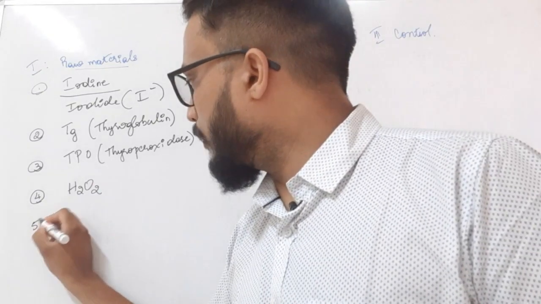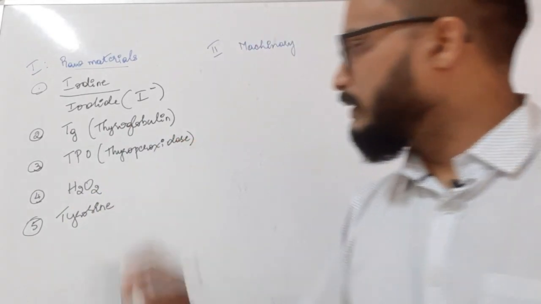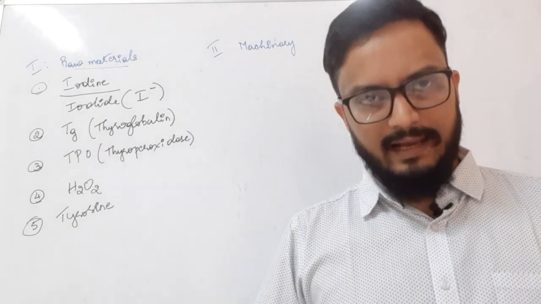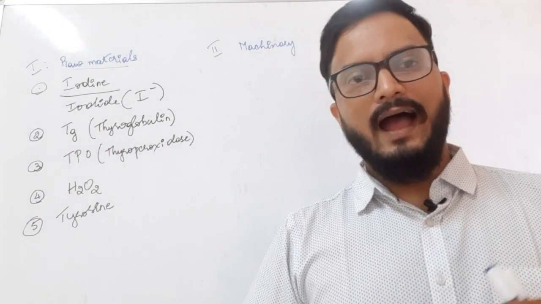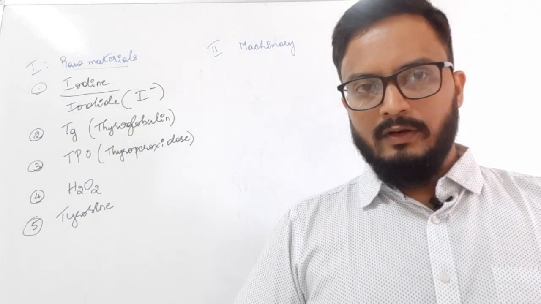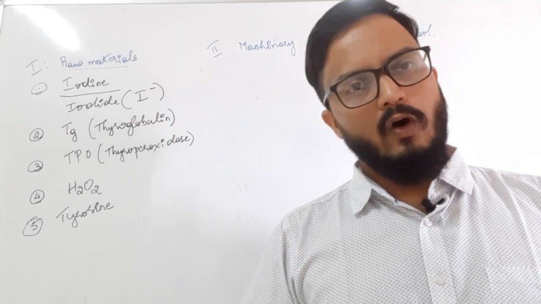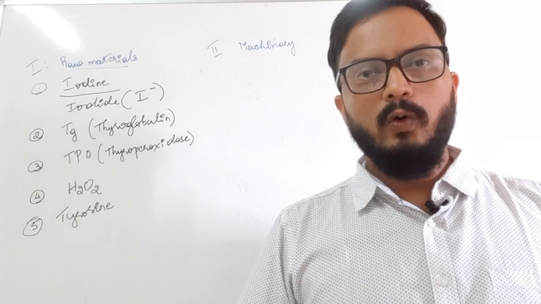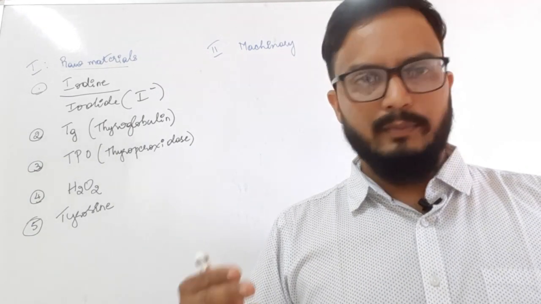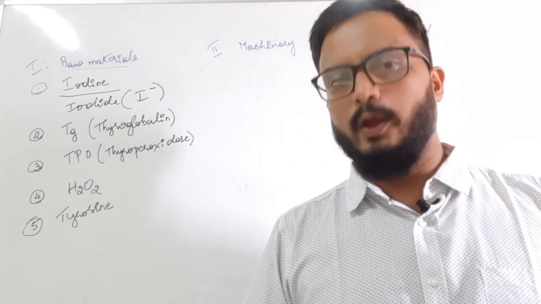The fifth important component is tyrosine. Tyrosine is an amino acid present in the thyroglobulin chain, to which the iodine is added. As I already mentioned, iodine is the most important raw material because about 60 to 65% of the weight of T4 is iodine, and about 50 to 60% of the weight of T3 is iodine.